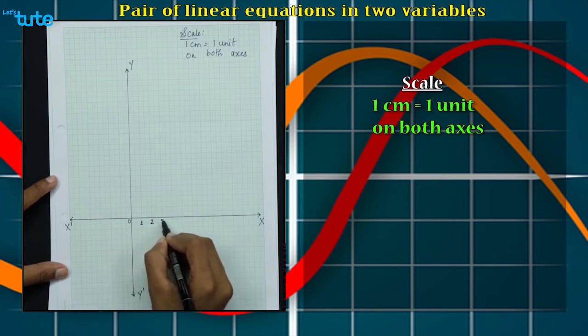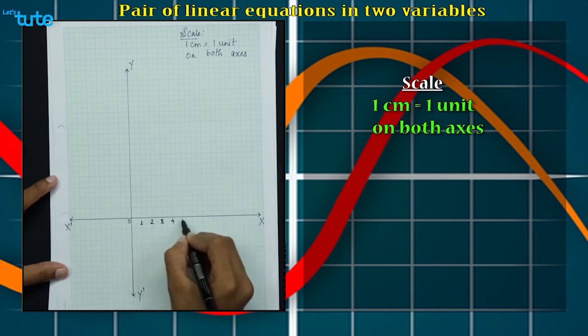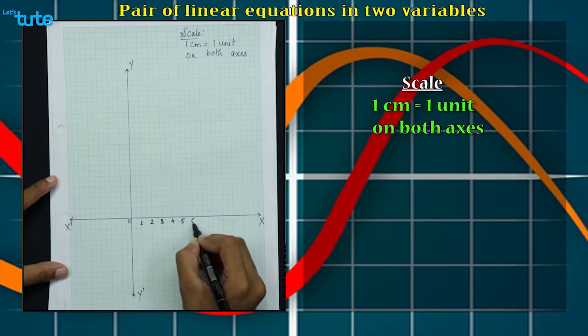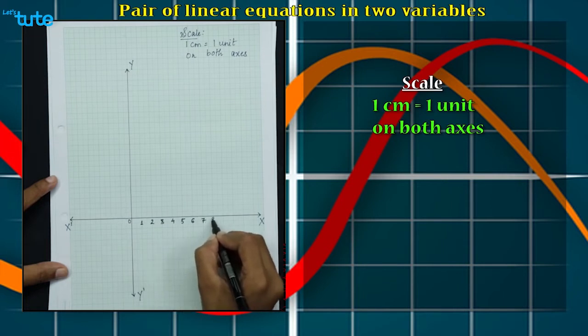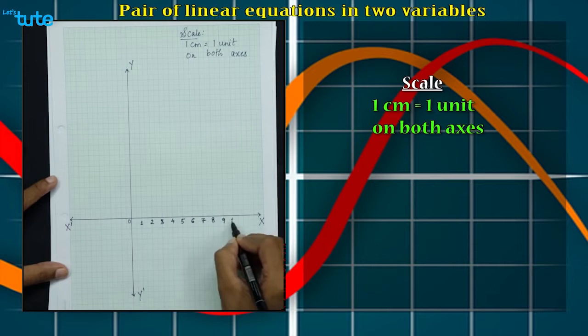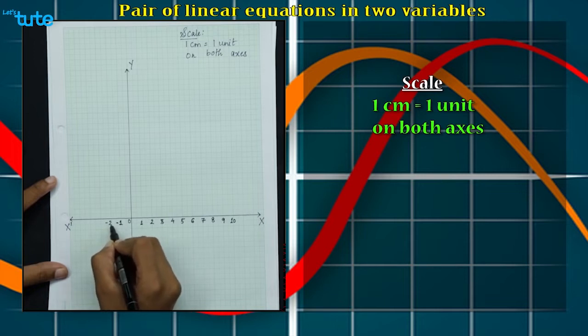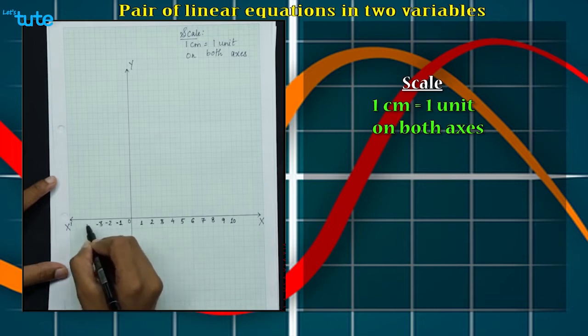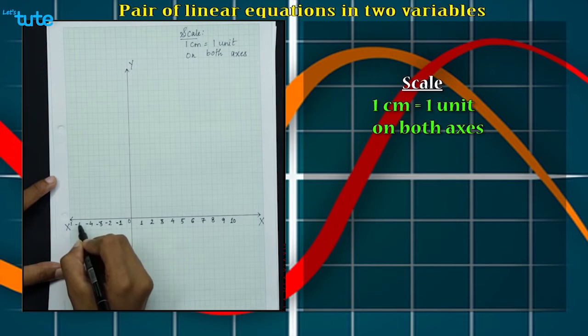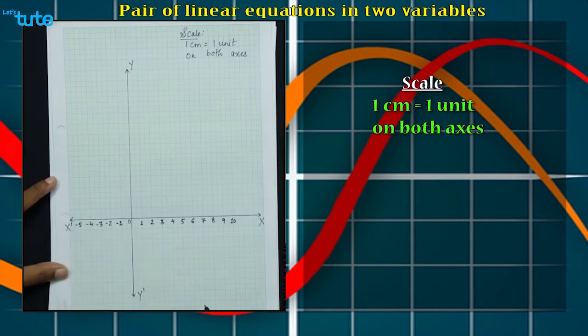Continuing in the same manner, I can plot points 1, 2, 3, 4, 5, 6, 7, 8 and so on on the positive side. Similarly, I can plot -1, -2, -3, -4, -5 on the negative side.